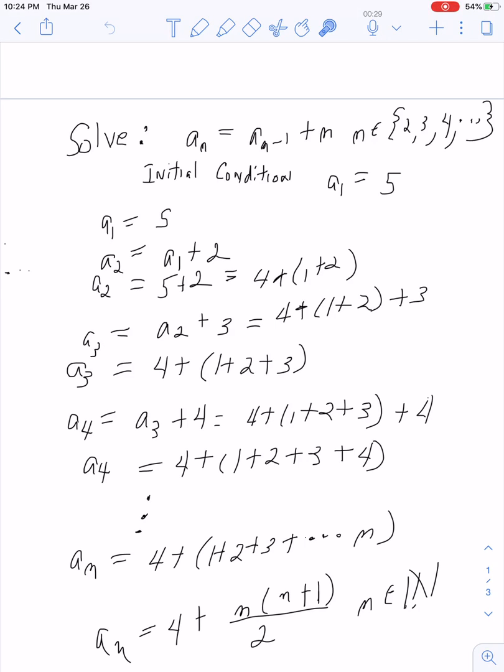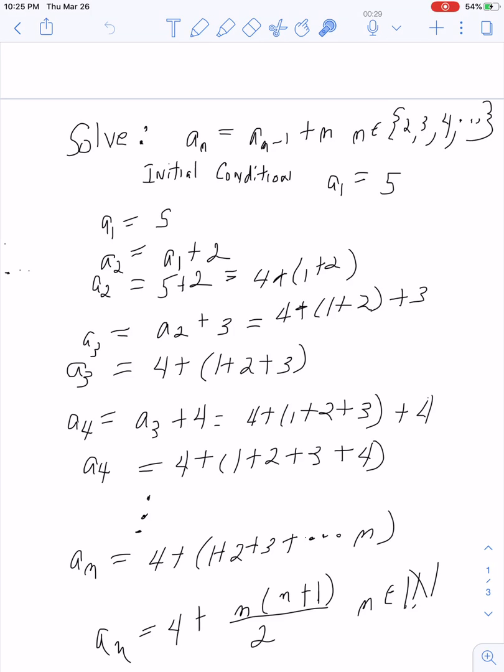Now, I'm just going to leave it. I'm not going to combine it and call it 7. Instead, I'm going to break it up into a 4 plus a 1 plus a 2. And hopefully it's going to become clearer why I did that after we do a few more iterations.